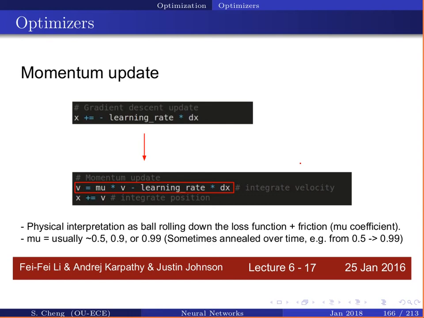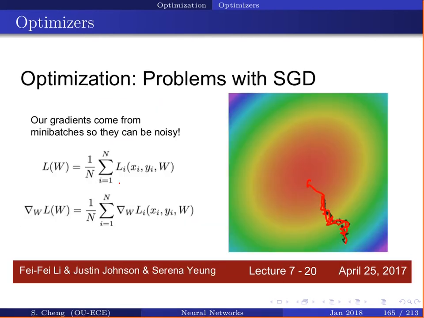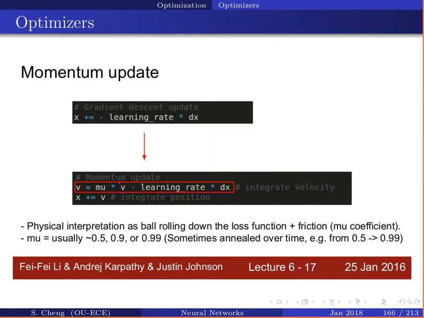And basically, if you remember, what we are doing is, instead of going down to the gradient directly, we compute some kind of velocity, and that velocity will have, I would say inertia is a better word than momentum.